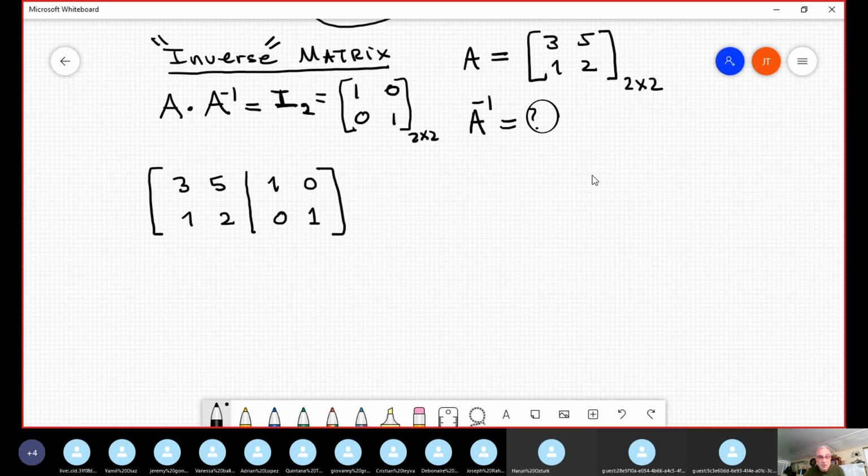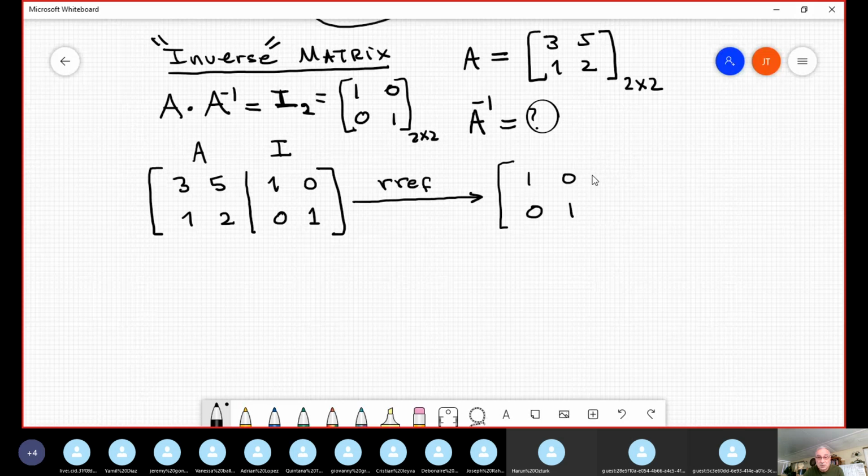Now this is the original matrix given. This is the identity matrix of the same dimension. And now you perform reduced row echelon form, exactly the same as we did in the last class. We are doing this using GeoGebra to save time. The answer is 1, 0, 0, 1, line.